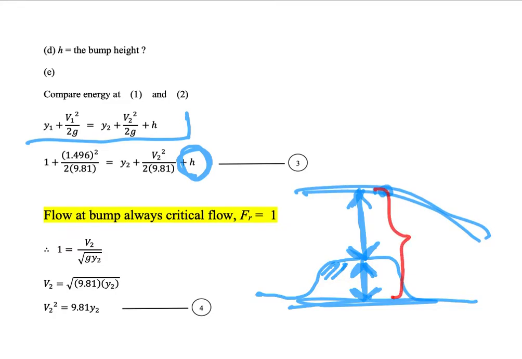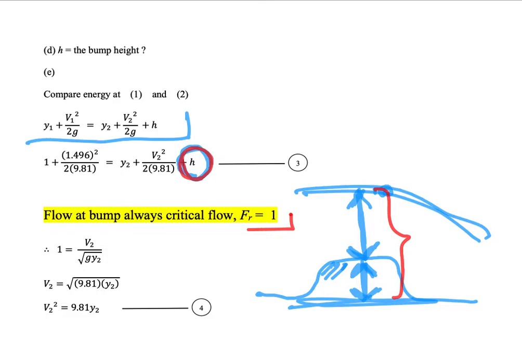That's why in this equation we need to put an H. This is the assumption we make, because we use the bump to create the hydraulic jump: the flow at the bump has a Froude number equal to 1. It also happened in a previous tutorial, for example in the tsunami, where we deal with flow on the surface of the ocean, so the Froude number is equal to 1.